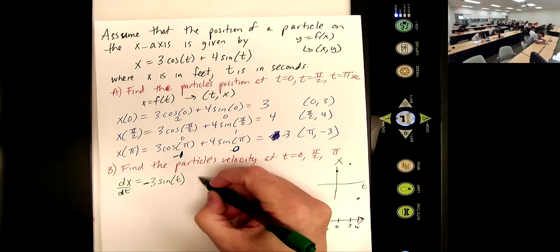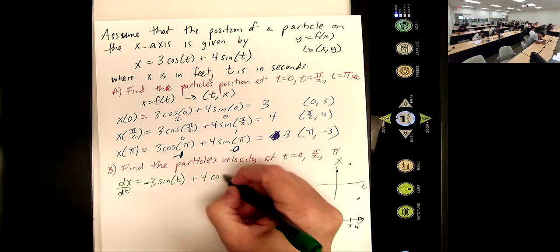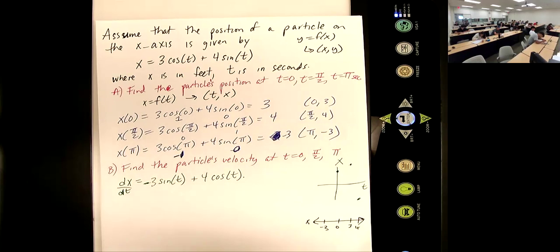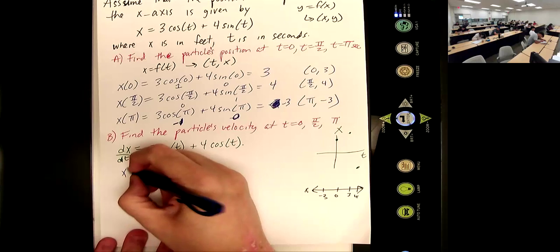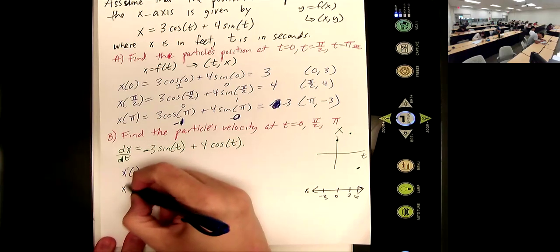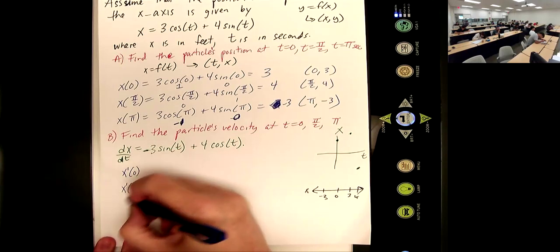And then we've got 4 cosine t. We're looking at x prime of 0, x prime of pi over 2, and x prime of pi.